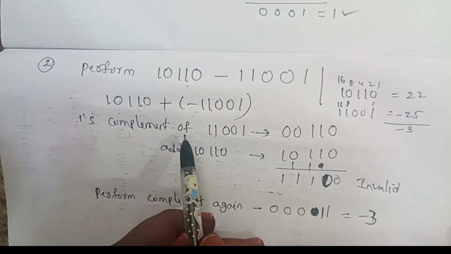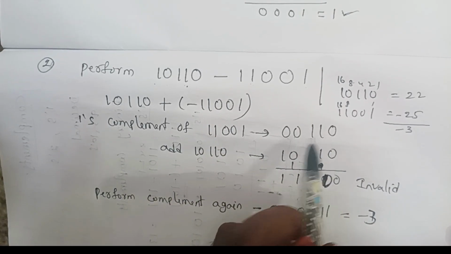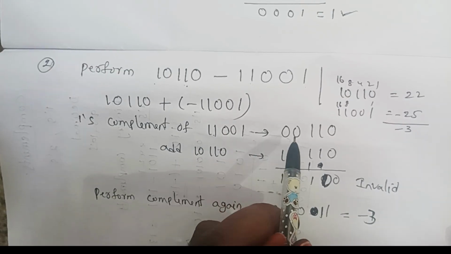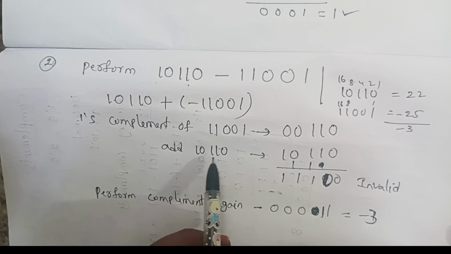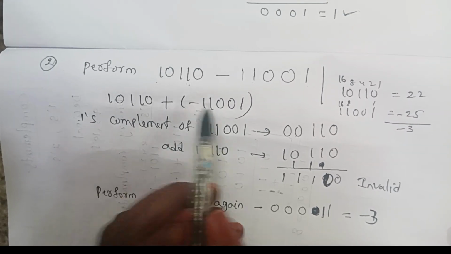The 1's complement of 1 1 0 0 1 is 0 0 1 1 0. 1's are written as zeros and zeros as 1's. This is the result we add to 1 0 1 1 0.